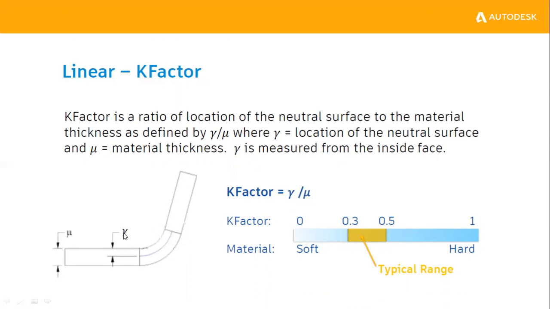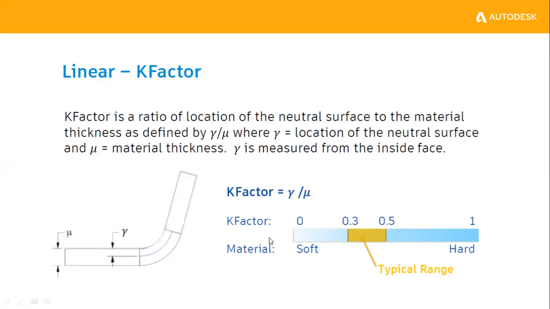Mostly this k is measured from the inner face of your sheet metal, and mostly this value is between 0 and 1. If your value is nearby 0, it means you are able to easily bend your sheet metal, and if your value moves towards 1, it is very difficult to bend.